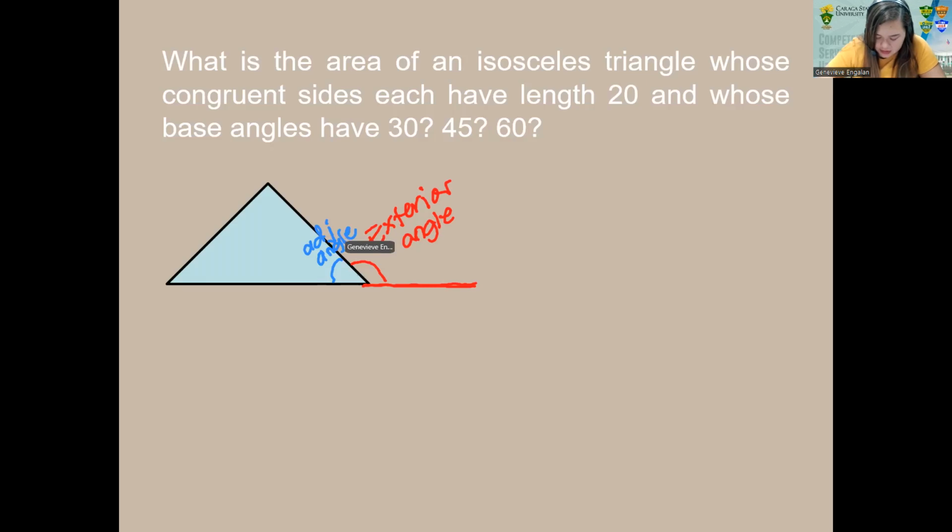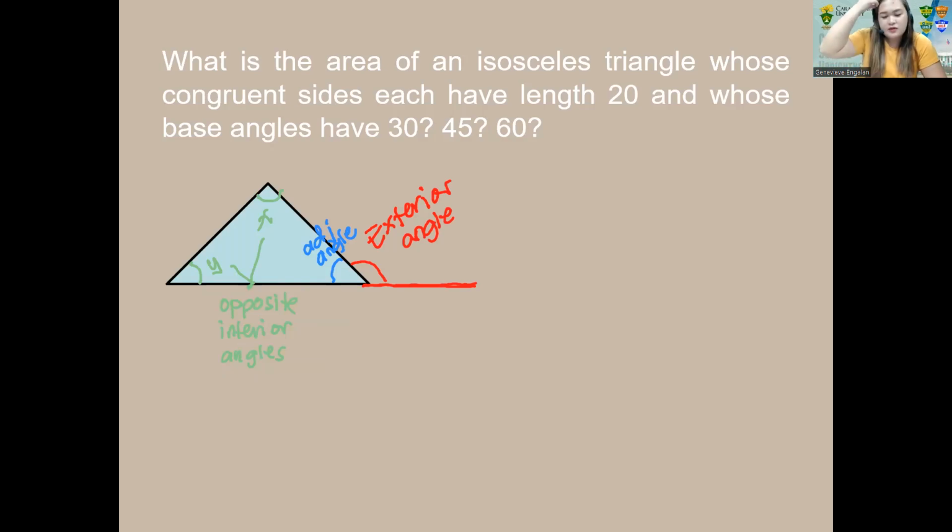Ang tawag pud aning sa duha is the opposite of the exterior angle. Opposite interior angles of the exterior angle.